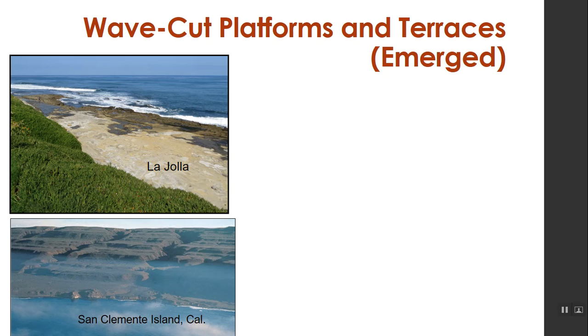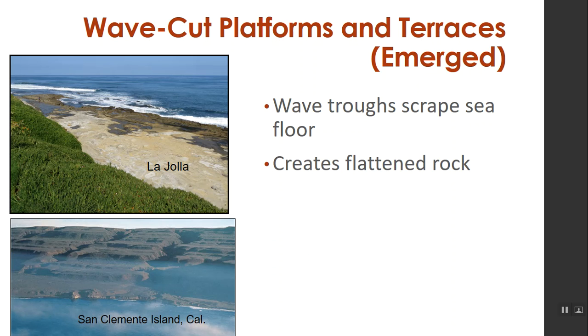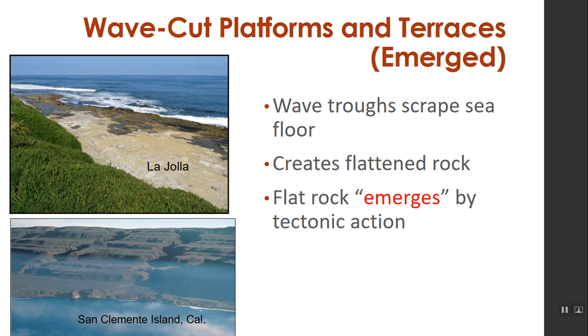And again, to talk about those emerged landforms, you have wave-cut platforms and terraces. San Clemente Island on the bottom is just a fantastic example of one. The waves are basically scraping along the sea floor, flattening it out, and it creates this flattened rock, and then that flat rock emerges by tectonic action. On San Clemente Island, it looks like steps, right?